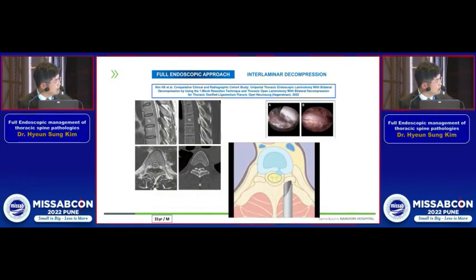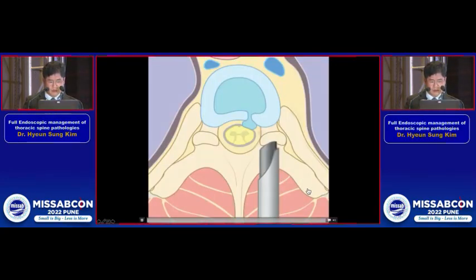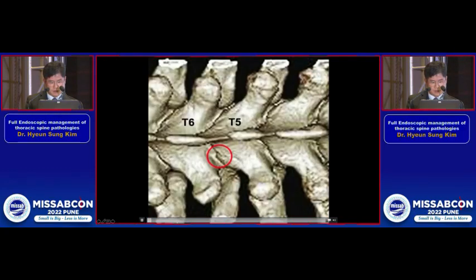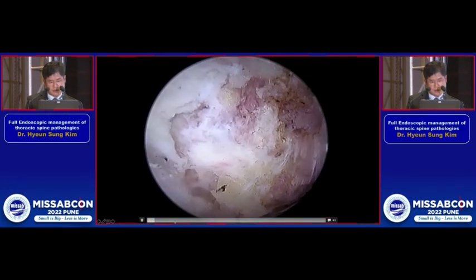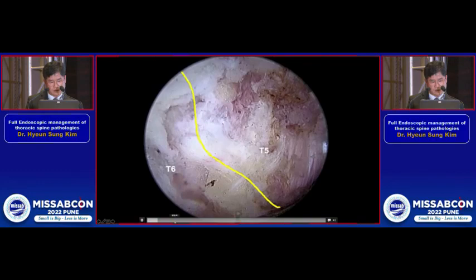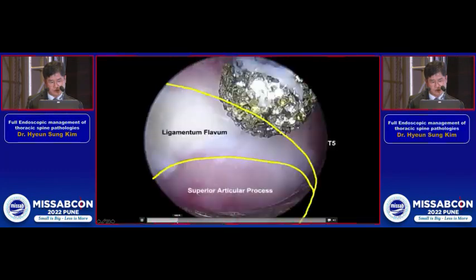This case is a 61-year-old male patient. You can see here T5-6 ossified ligament problem, and the patient complained of thoracic pain and lower leg pain and some weakness. Therefore, this patient underwent this thoracic decompression, firstly docking and drilling the bony structures.